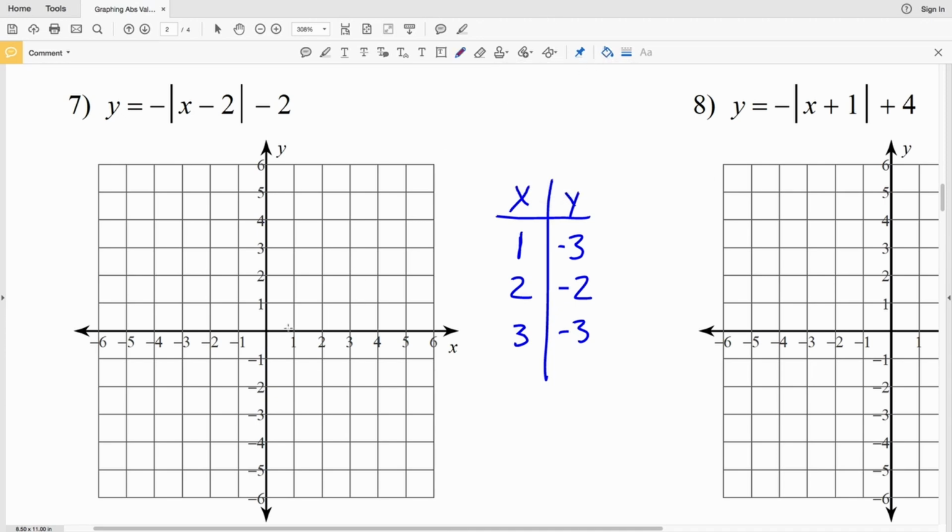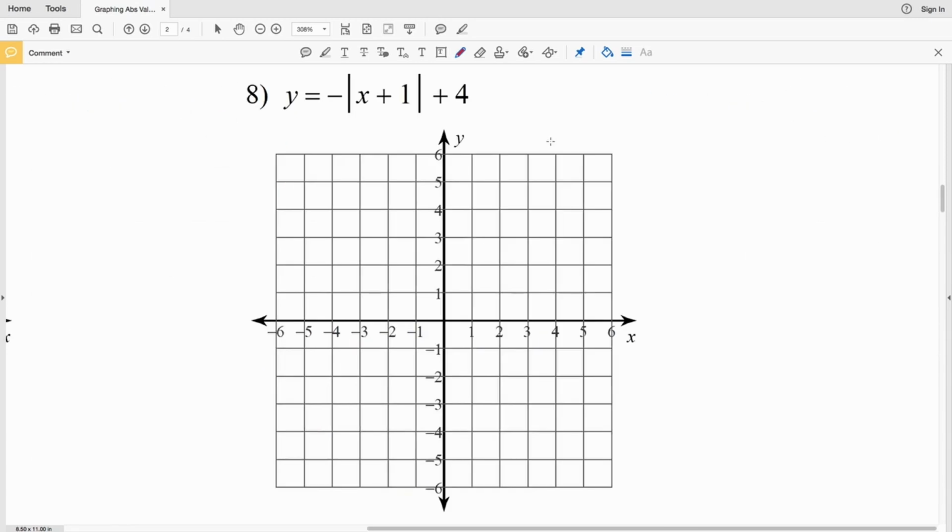Graphing those, we have 1, -3, 2, -2, 3, -3. So we have a positive slope going into the vertex and a negative slope coming out of the vertex, which is flipped from the other ones because we're doing the opposite of the absolute value. If this was positive, then it would look something like this, as opposed to that.